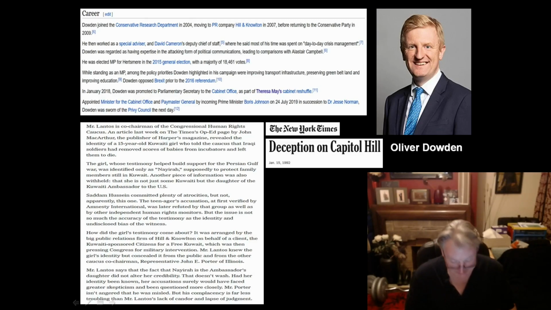I mean, for Hill Knowlton to still exist, there's a little bit more interest around this, because this is where it will tie into the FOWEFUN part, because there are associations between Hill Knowlton and the United Nations. Surprise, surprise. But the particular example that I've got here, I don't know how widely known this is, is this article from January the 15th, 1992, Deception on Capitol Hill.